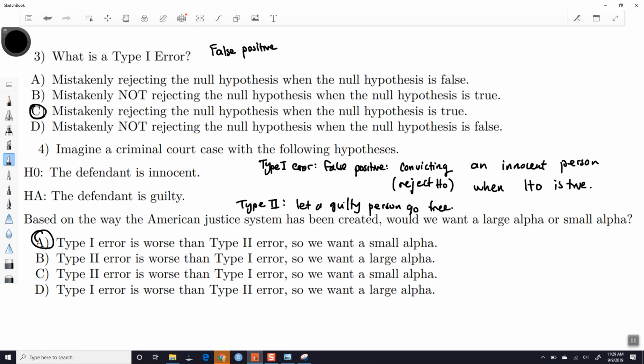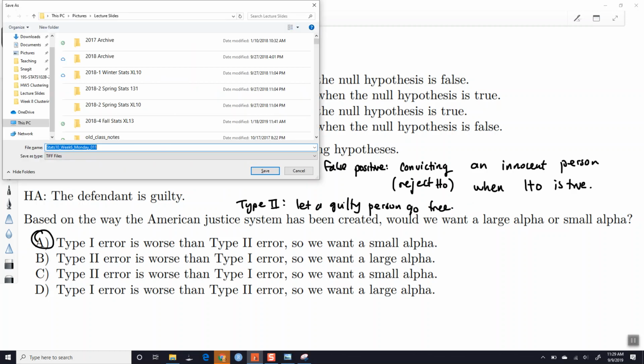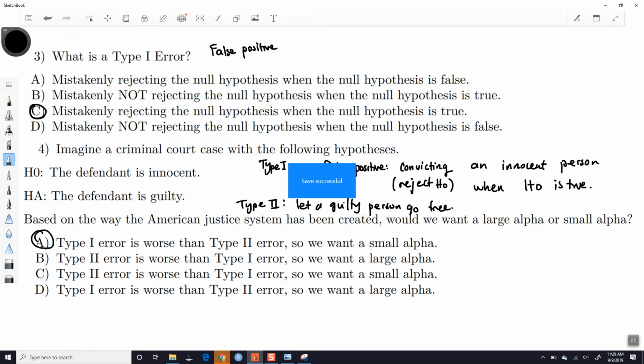So we do that, right? The counter argument is, if you let a guilty person go free, they might go out and commit another crime, and there will be another victim. Let me make an aside. Let's say there's a judge who convicts someone, and that person serves 20 years in prison, and then it turns out the person was innocent.